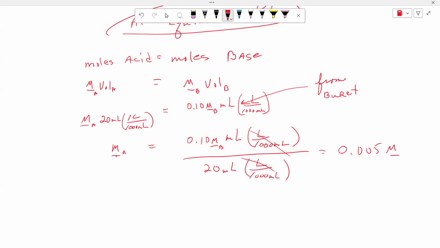So the concentration of the acid is 0.005. And of course, we need to do sig figs, so it's going to be, what, two sig figs.